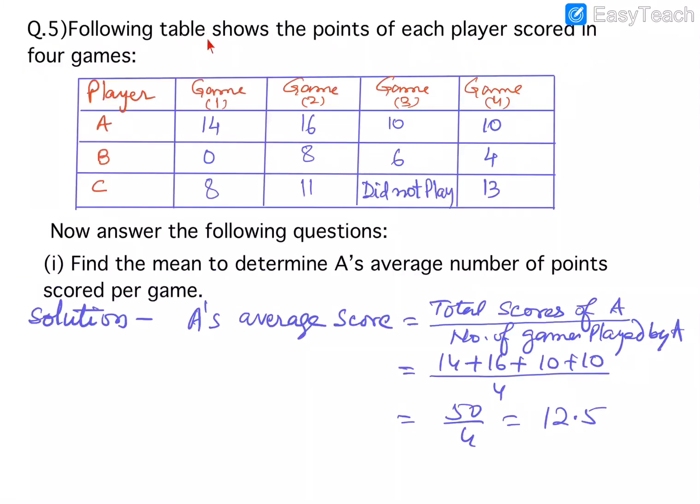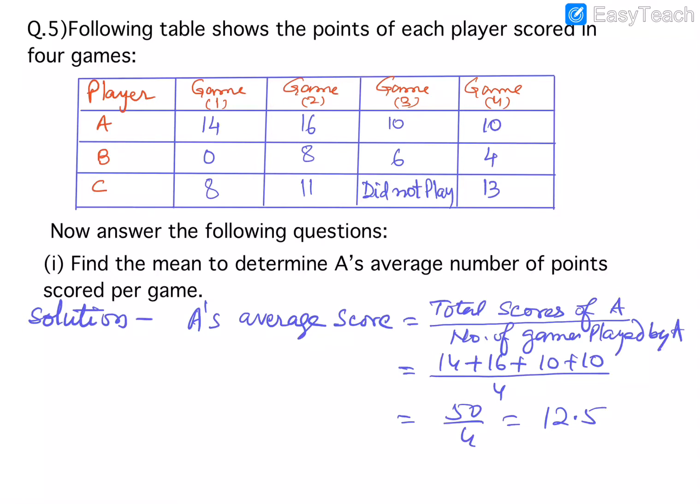Question number 5. The following table shows the points each player scored in 4 games. Player A, Player B, Player C. Player A scored 14 points in game 1, 16 in game 2, 10 in game 3 and 10 in game 4.